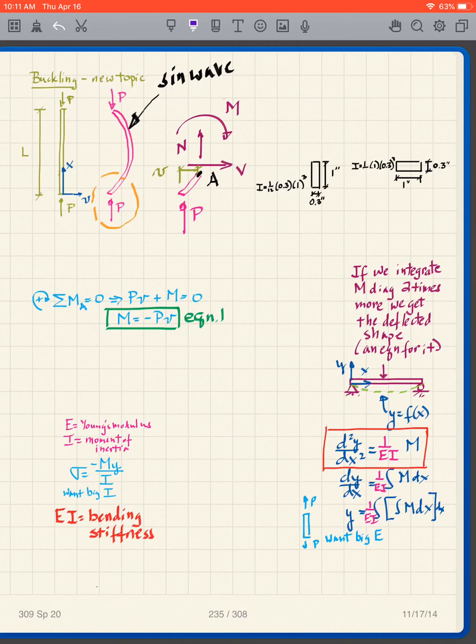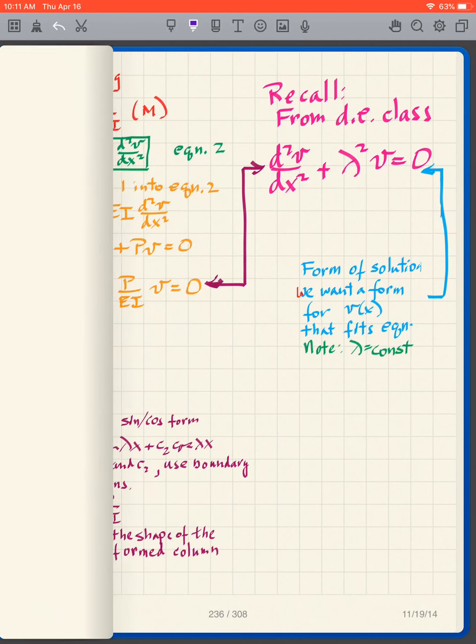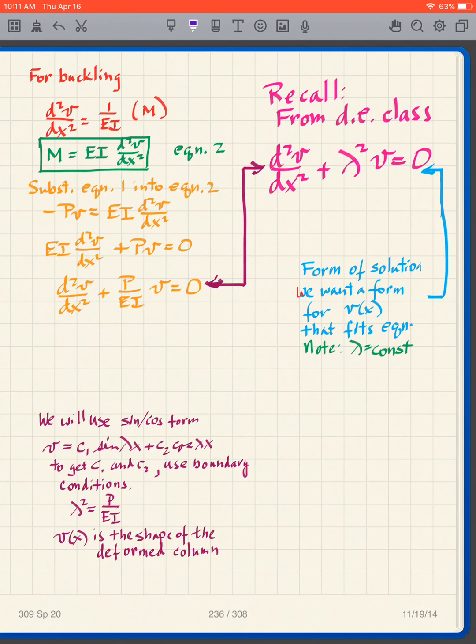Okay, so we're going to use this equation to develop the buckling expression. For buckling, instead of y, we're using small v.